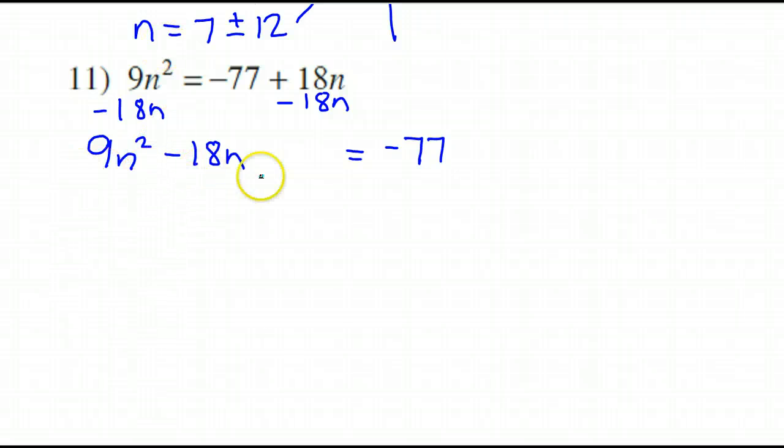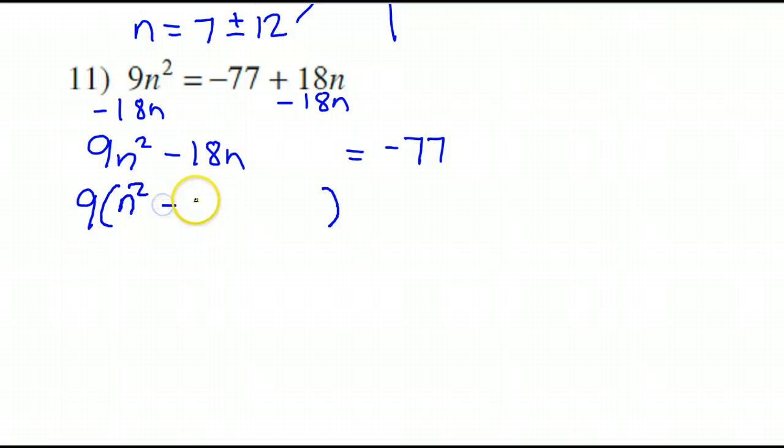So we are going to factor out the GCF on the left side over here. You see the common factor, not including the variable, just the 9. We're going to factor out the 9. So this would become 9 times n squared minus 2n, and I left that space, is equal to negative 77.